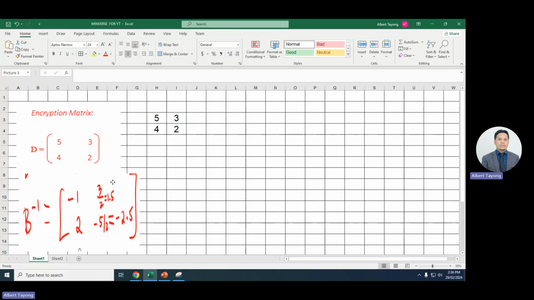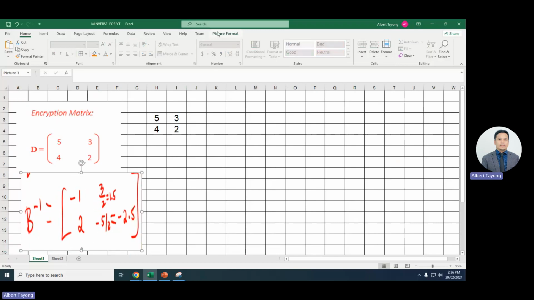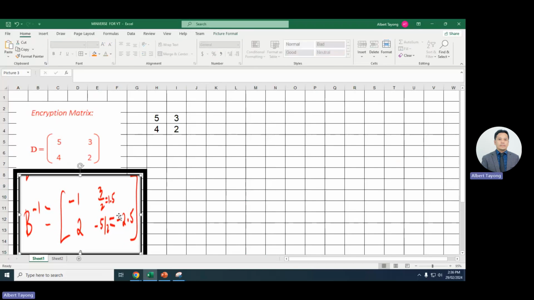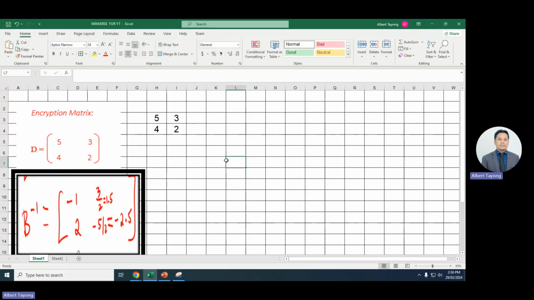So the answer is negative 1, 1.5, 2, negative 2.5.